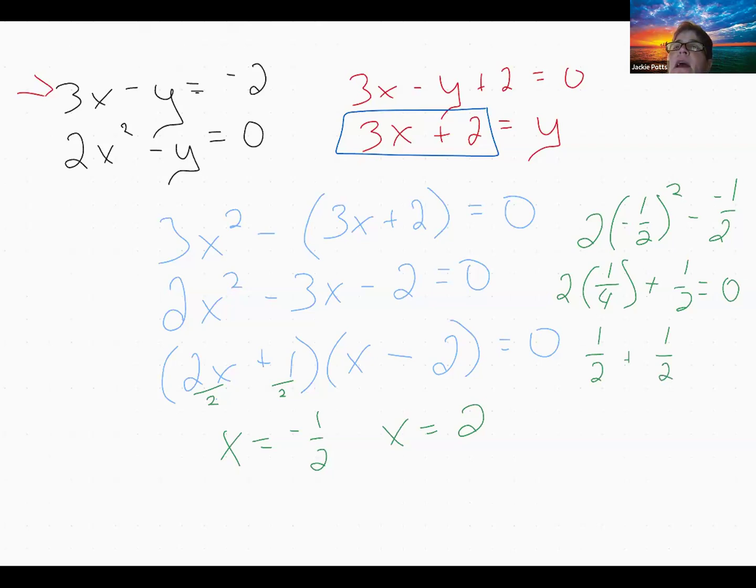3x minus 1/2 equals negative 2. Move it over as a positive 2. Move that over. All right. So my red equation looks good. And I corrected the 2x on the second step. Let's go ahead and correct it there.